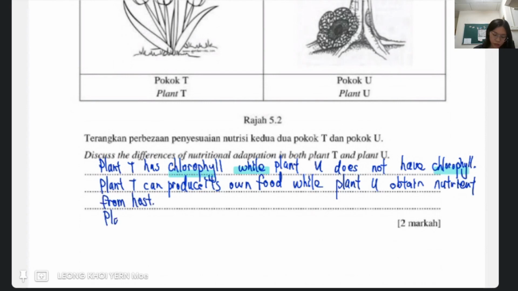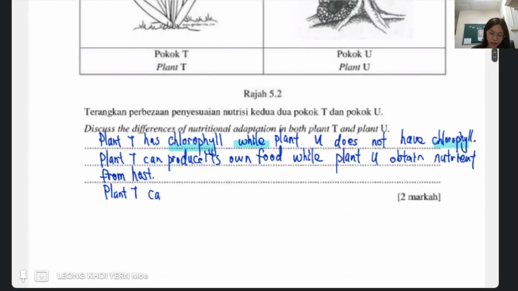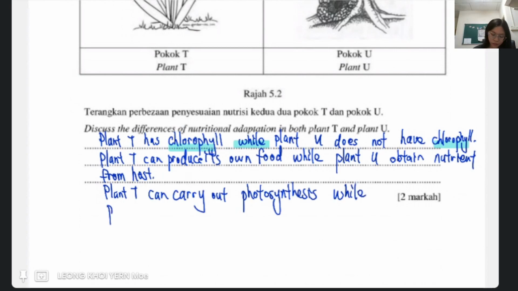Another point is about photosynthesis. So photosynthesis and making their own food, you can separate into 2 points. Plant can carry out photosynthesis while plant U does not carry out photosynthesis.